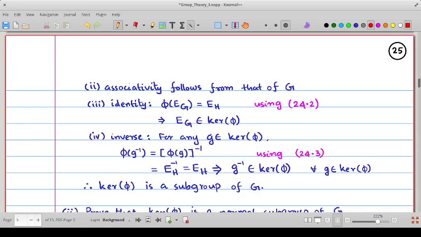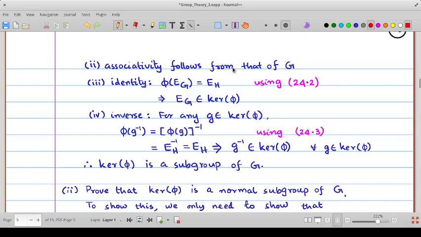And the second one is associativity. Since we are using the same composition rule as G, the associativity follows from the associativity of the composition in G. And the next one is the identity element. And we see that phi of EG, which is the identity in group G, is equal to EH.